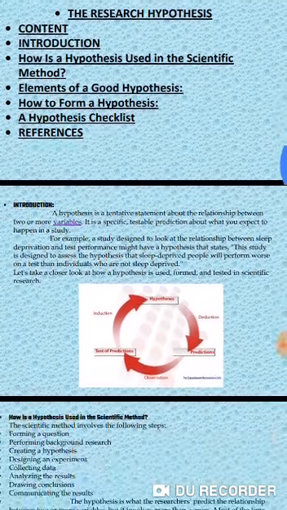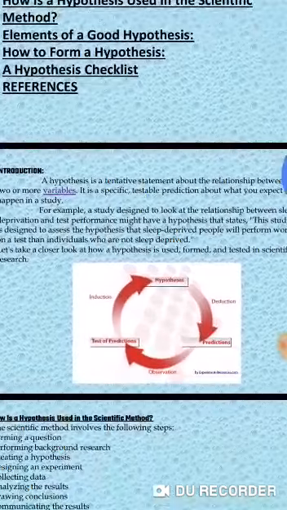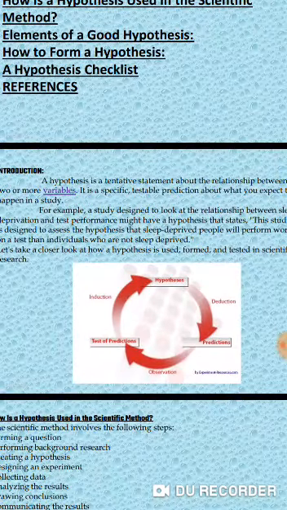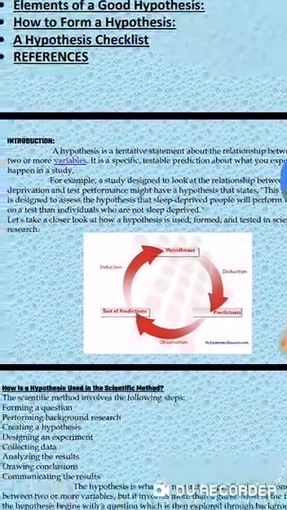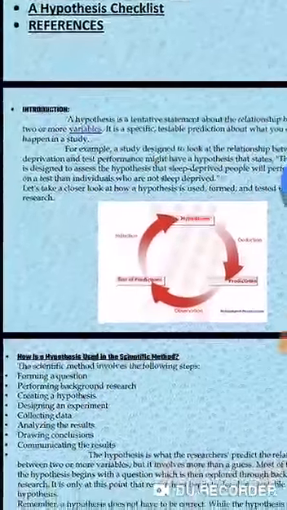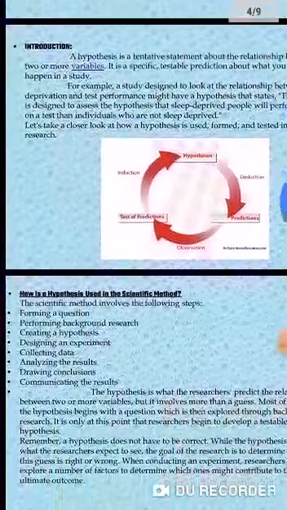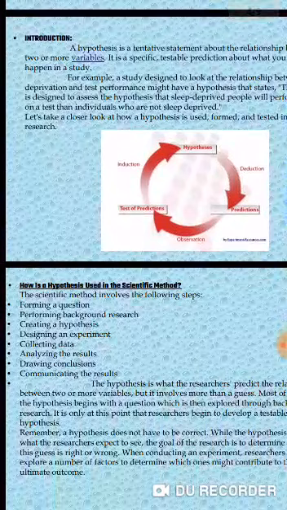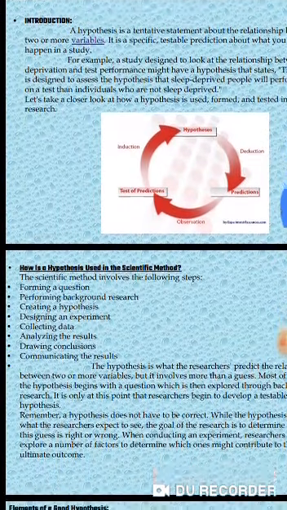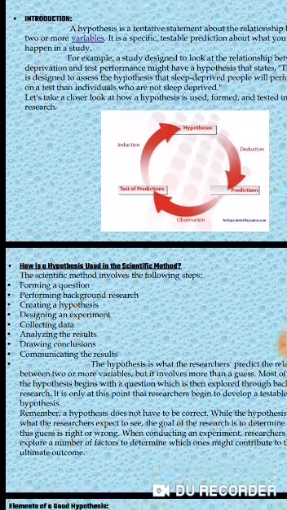Now we have a diagram which shows how the hypothesis is formed, and then it is used and then tested in scientific research. Come up to how the hypothesis is used in scientific method. किसी भी scientific method में हम hypothesis को किस तरह use करते हैं. So we have the following steps.